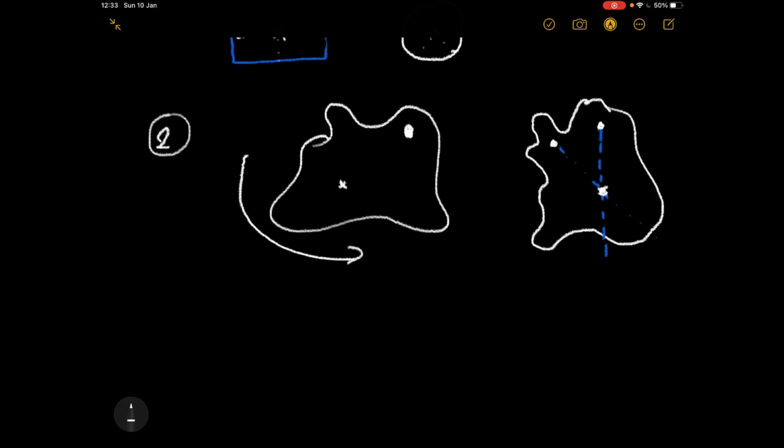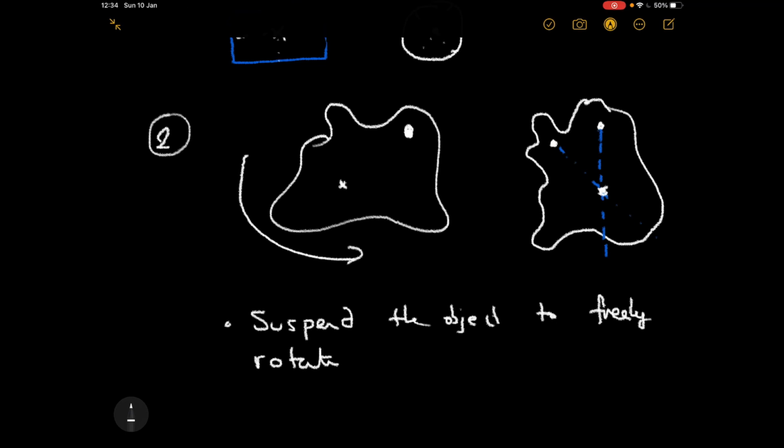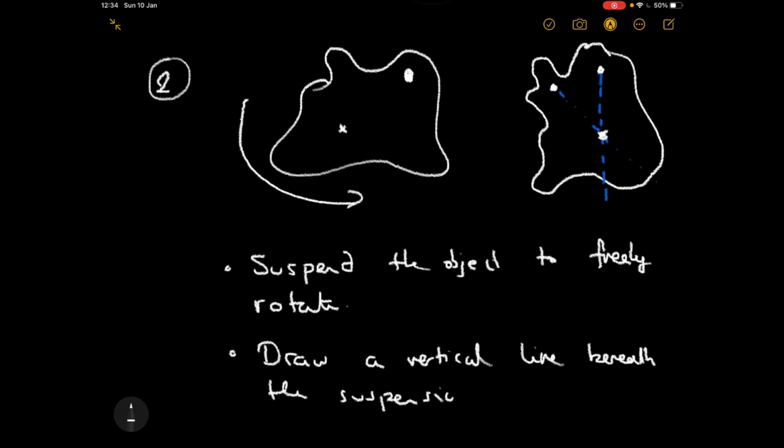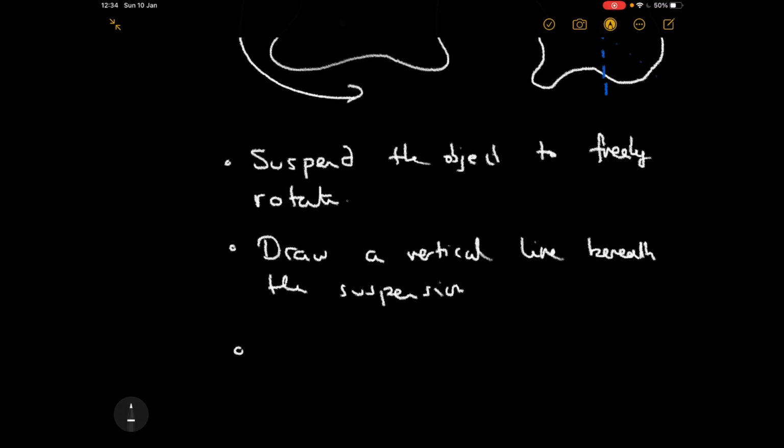So to find it for an oddly shaped object, you suspend the object to freely rotate, draw a vertical line beneath the suspension, and then repeat at a different point.